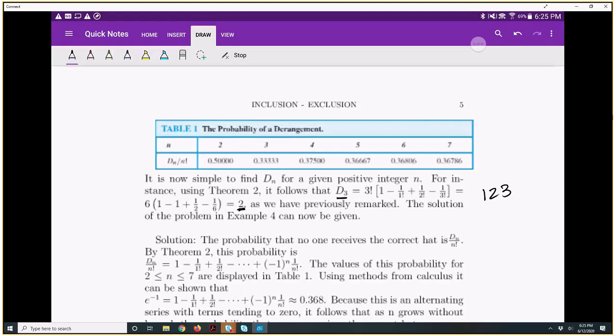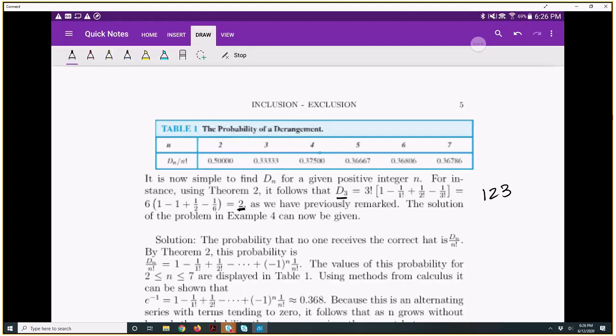So you can see as n increases, we're sort of oscillating around a number that looks like it's 0.368-ish. So when n is 2, it's clearly larger. When n is 3, it's below 0.368.